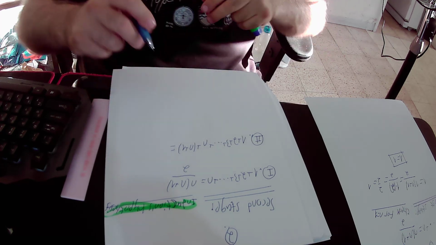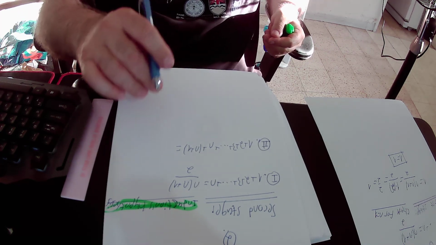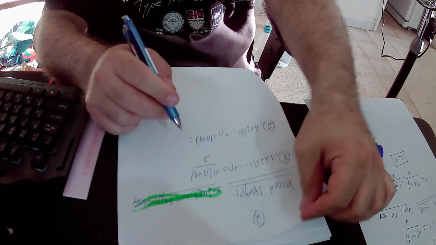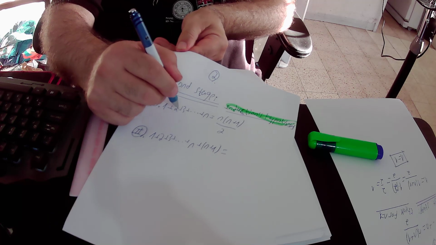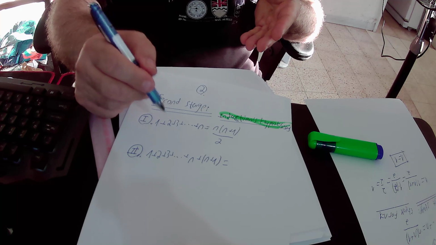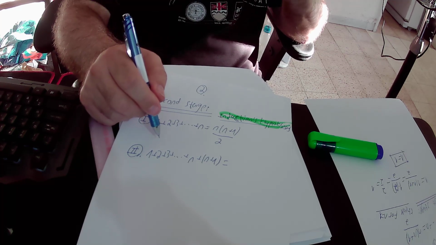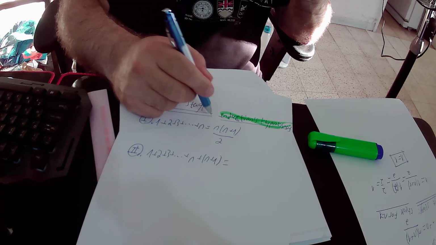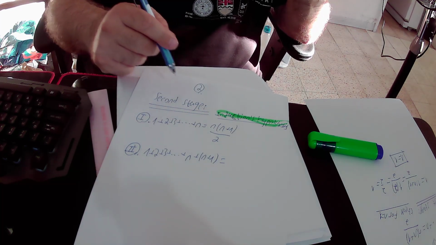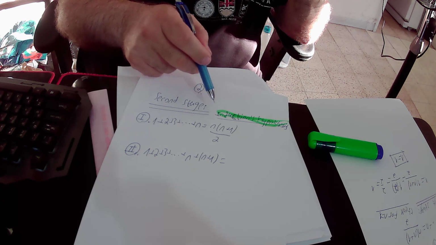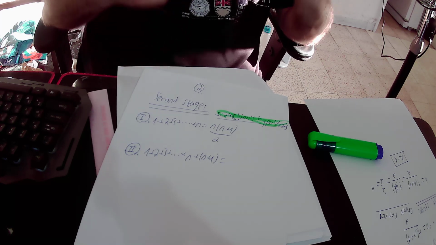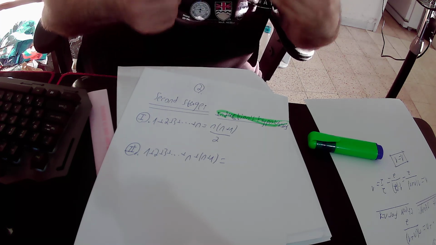In the other side, in the original statement, we have n times n plus 1 divided by 2, but we want to create the expression for n plus 1, and this is the expression for n, so whenever it is written n in the original statement for n, we will write n plus 1 because we want to create the expression for n plus 1.